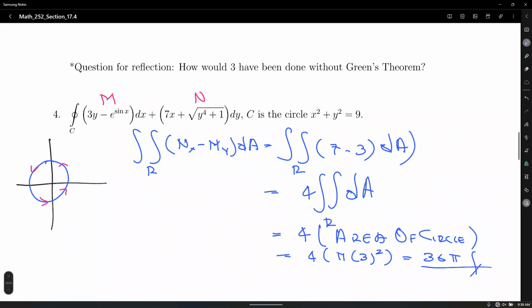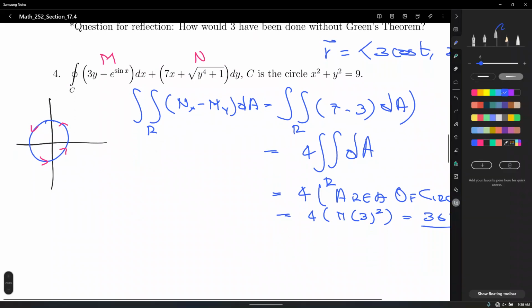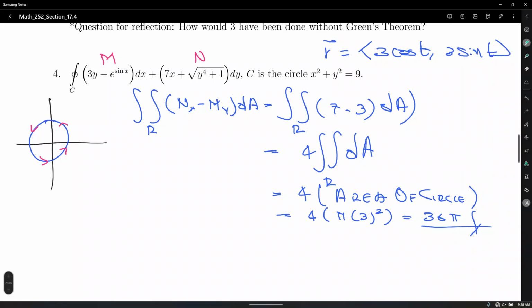Look at the craziness of the line integral, right? You don't want to evaluate this using type 3, because let's have a look at the parameterization of the circle. That is 3 cosine t, 3 sine t, and of course its differential. Do you feel like evaluating this integral?